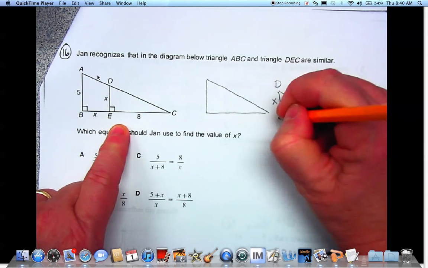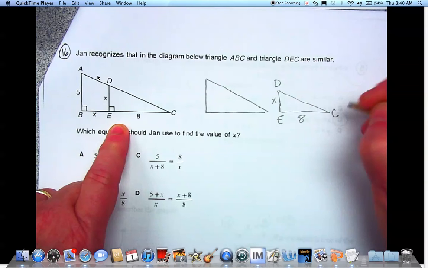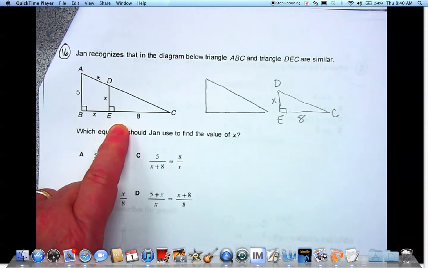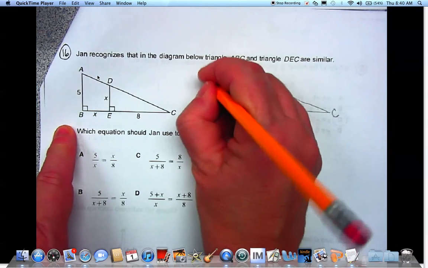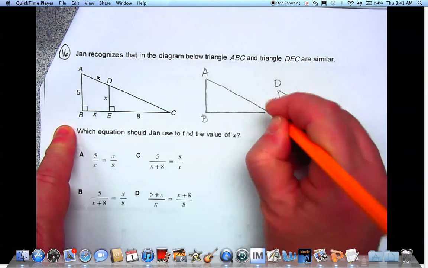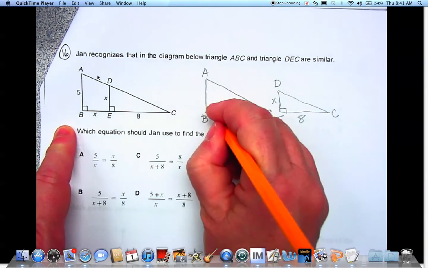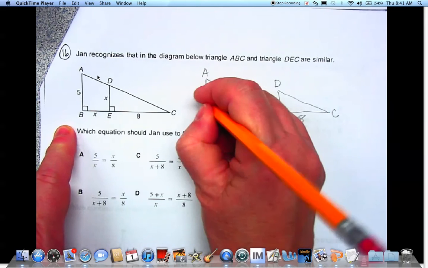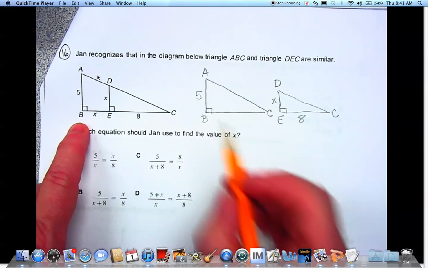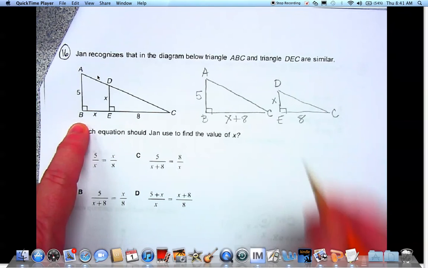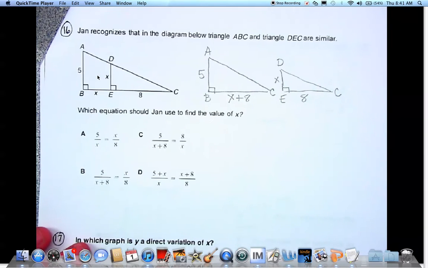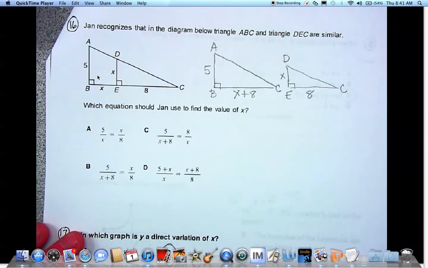And this is D, E, C. And then the big triangle is A, B, C. It has a 5 on AB, but what does it have on BC? x plus 8.